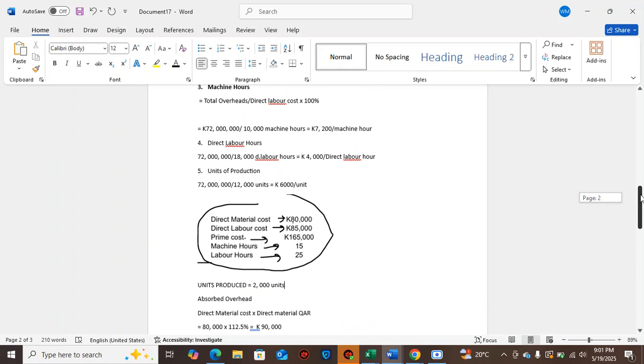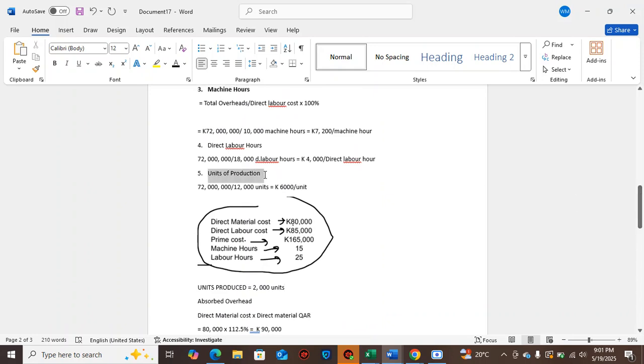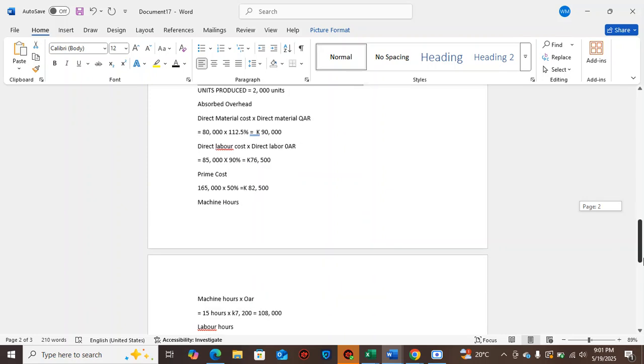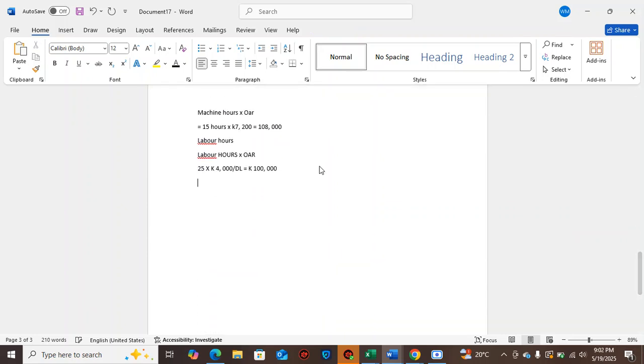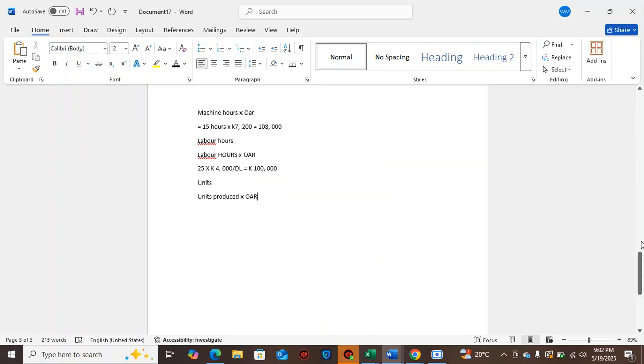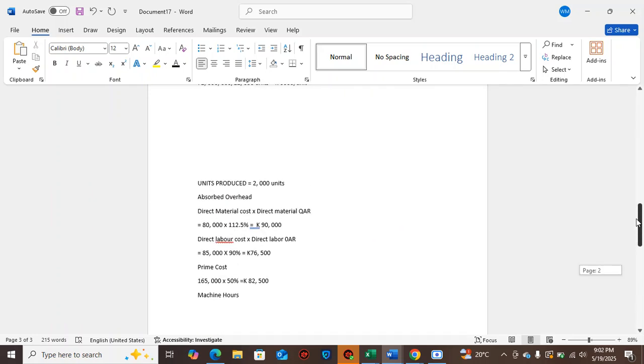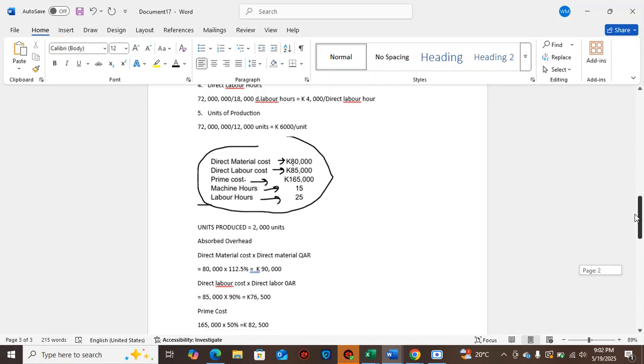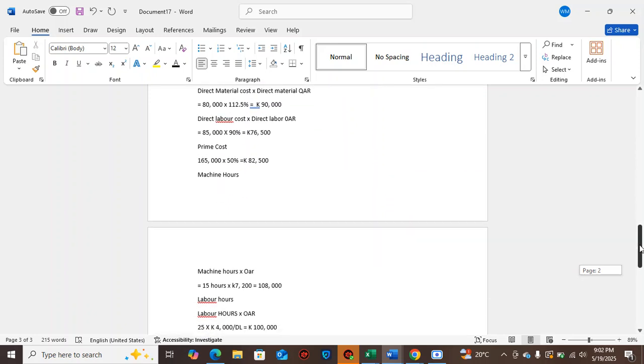Here, our overhead absorption rate is 6,000 kwacha per unit. So if we produced 2,000 units, it's 6,000 times 2,000.